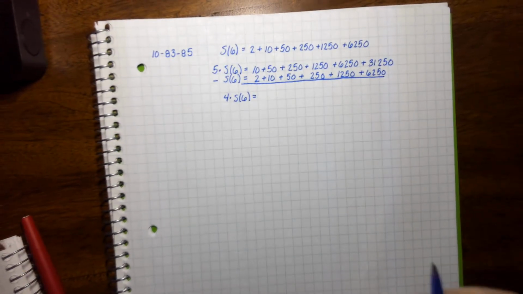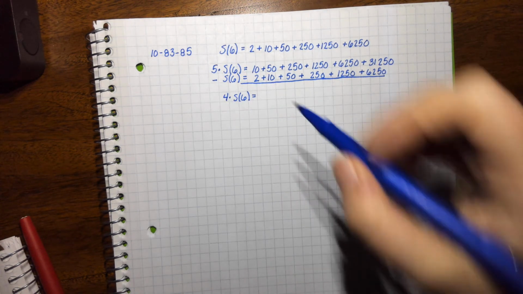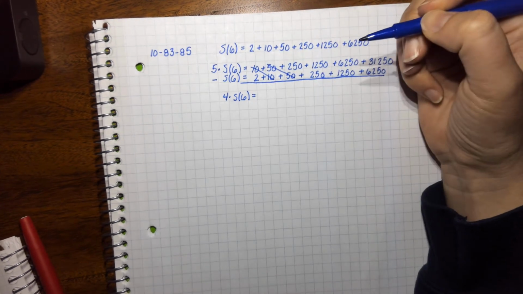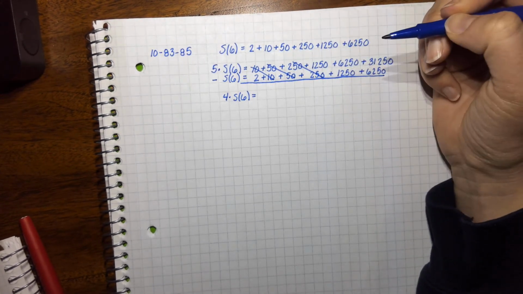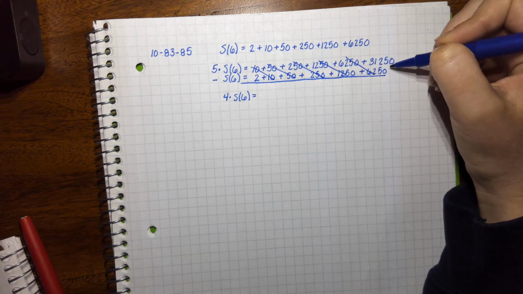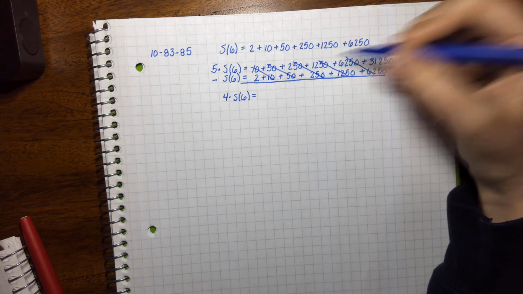I want you to notice this is the most important part of this piece of the problem. This kind of diagonal cancellation happens because I'm subtracting. So 10 minus 10 is 0. 50 minus 50 is 0. 250 minus 250. And it gets me all the way to here. So the only things that are left are these two things.